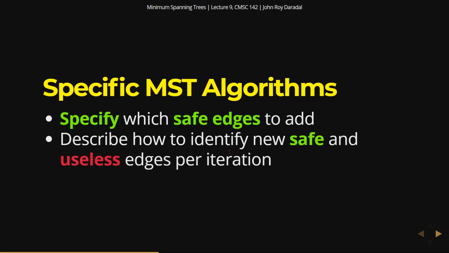Okay, so the specific MST algorithms that we'll discuss, Prim's and Kruskal's, will identify which safe edge you should add, and they will also describe how to identify new safe edges and useless edges per iteration. Okay, so after one iteration, when you added that safe edge, which ones are useless now, which ones are safe again? We will see that in the specific MST algorithms later.